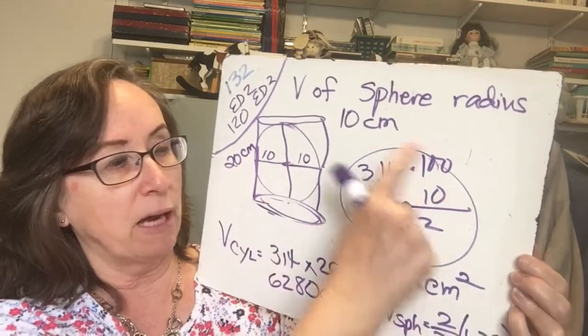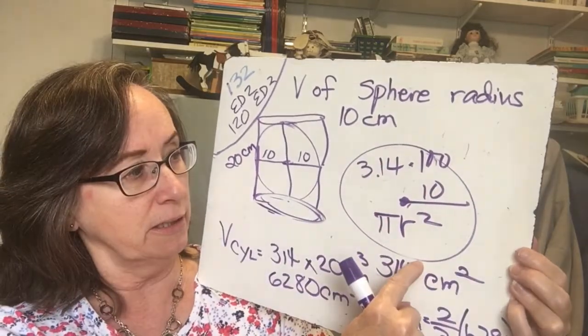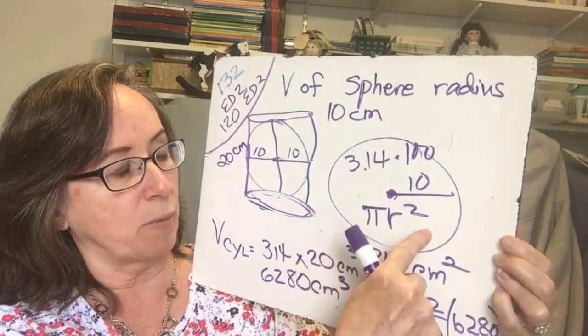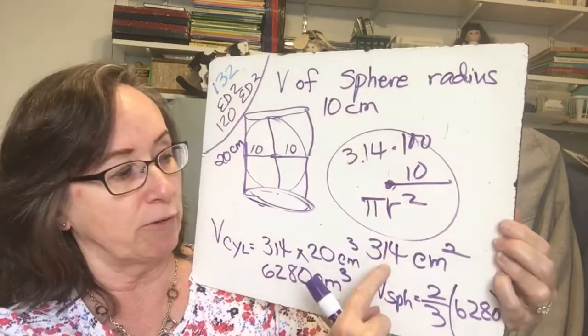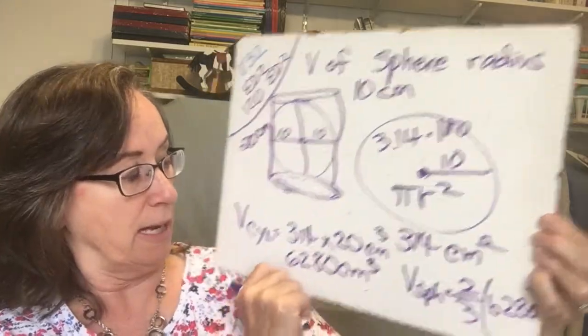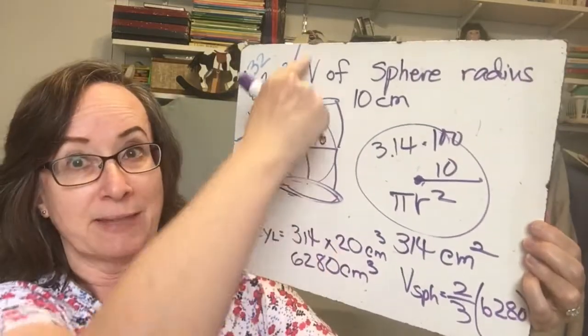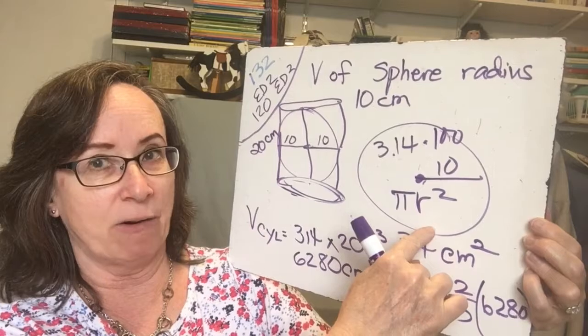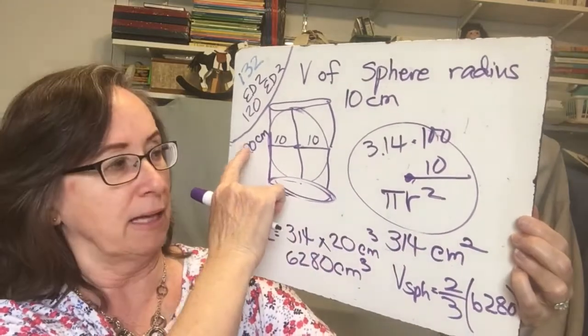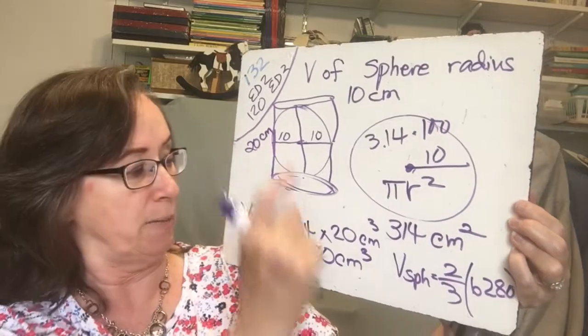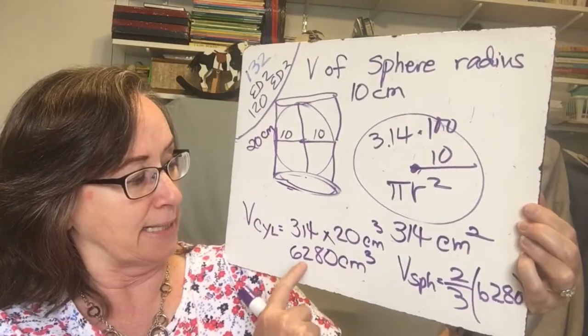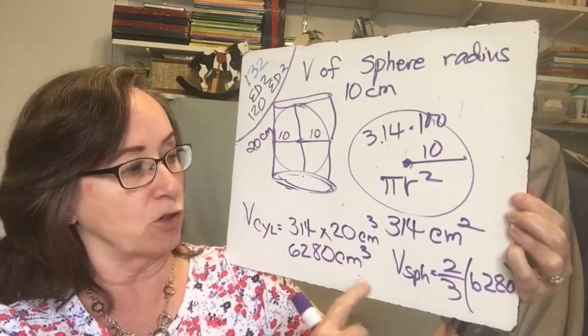So the area of the base of the cylinder is going to be pi r squared, or 100 times 3.14, which is 314 centimeters squared. Then to find the volume of the cylinder, I take the area of the base times the height. So I take the 314 centimeters squared times the 20 centimeters, and I get 6,280 centimeters cubed.